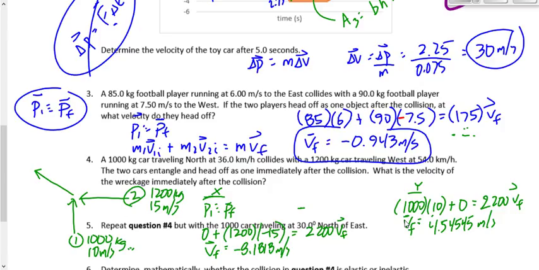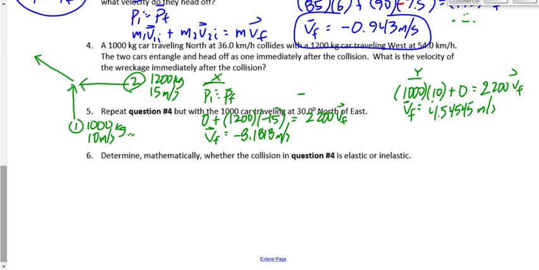And then we've got to combine them, right? We got to combine them by doing this. 8.18. We do that to the left because it worked out to be negative. Again, signs, positives, negatives. 8.18 to the left, 4.54545 upwards, and then the combined velocity will be right here.